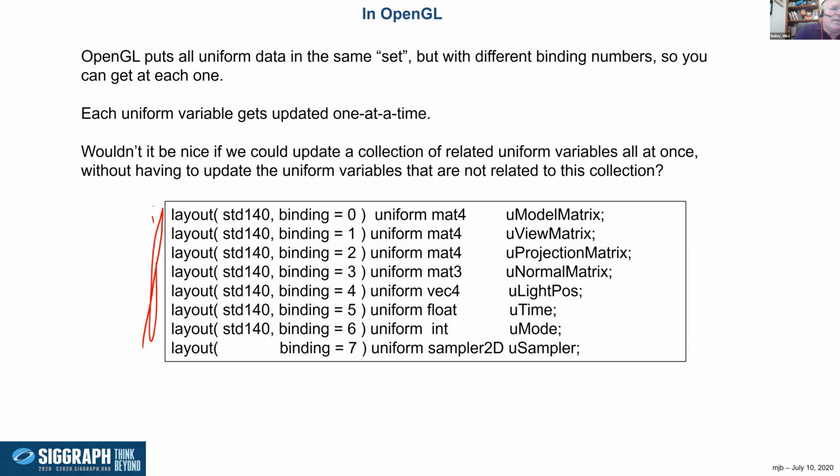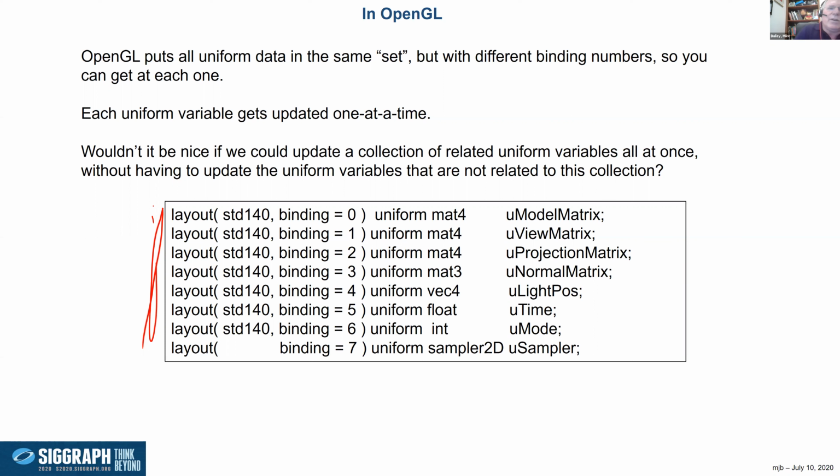What Vulkan has done with this is it has allowed you, or I guess really forced you is a better way to put it, into clumping these things so that they can be changed in groups, not one at a time. And so this is another way of gaining some efficiency, where sending over little bits of values one at a time is very inefficient.